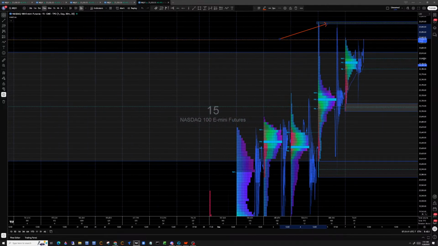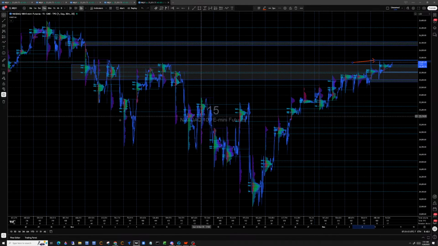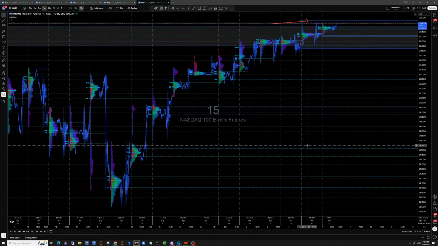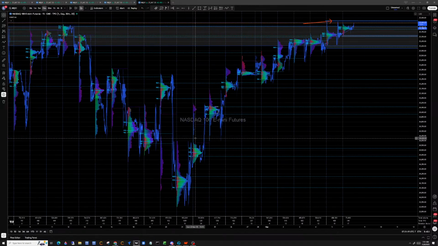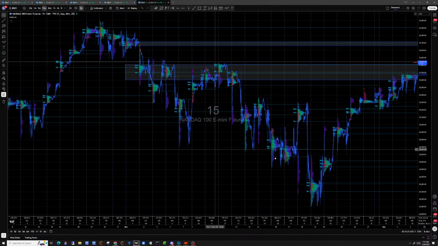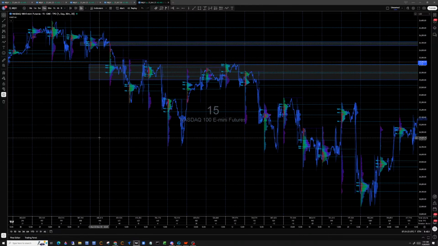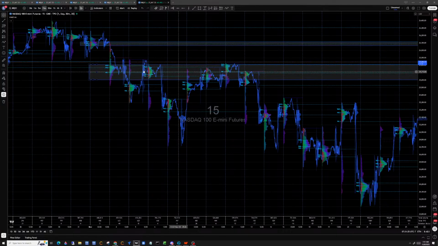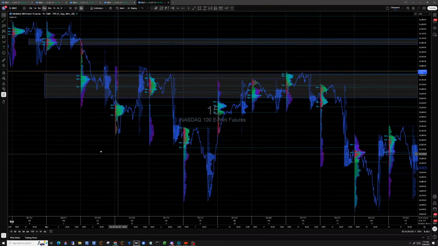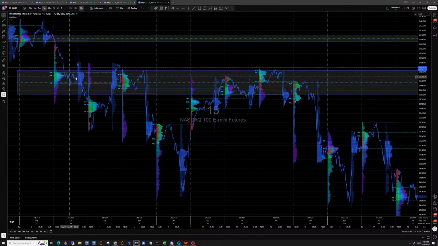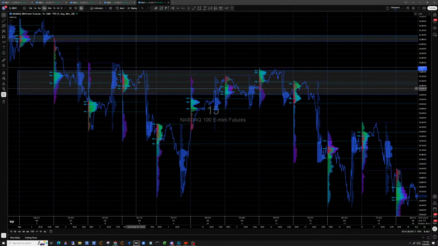Also, I did this last week and a lot of people didn't pay too much attention to it, but a lot of times when you look at these charts, whether it's a profile or a TPO chart, this is both. I'll very closely box in areas where we've got a lot of volume and a lot of time spent.